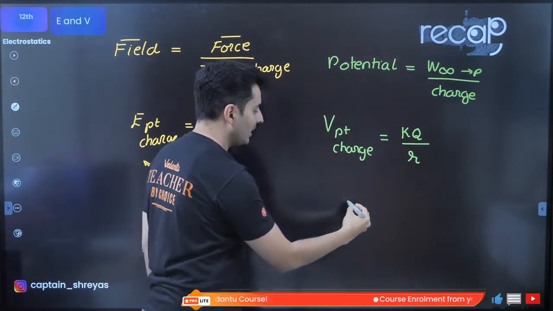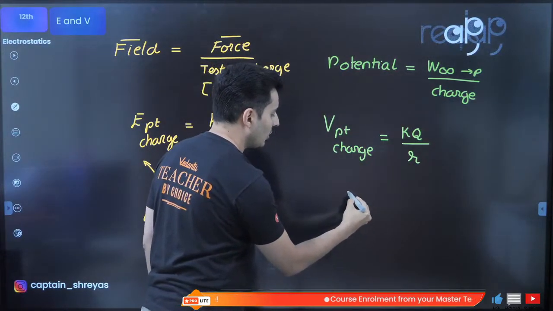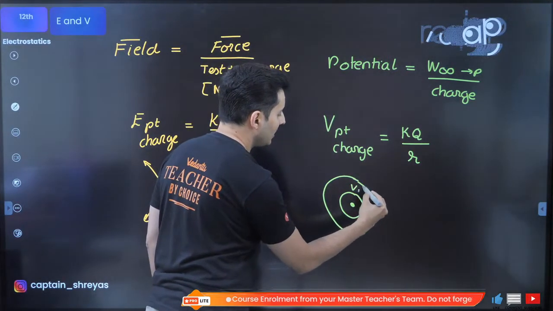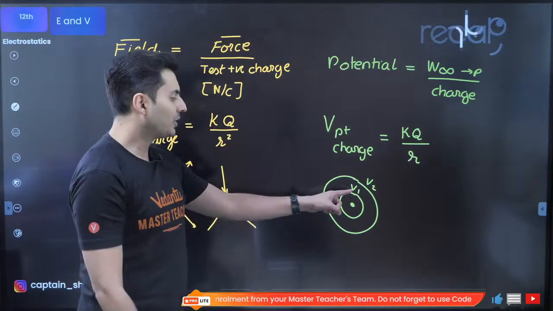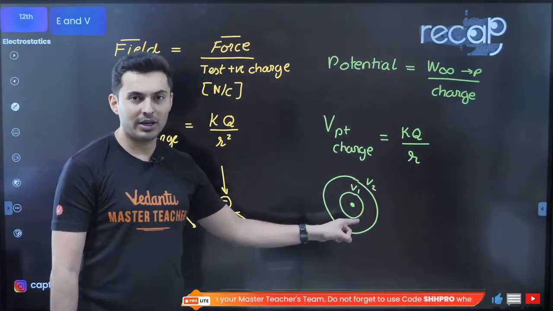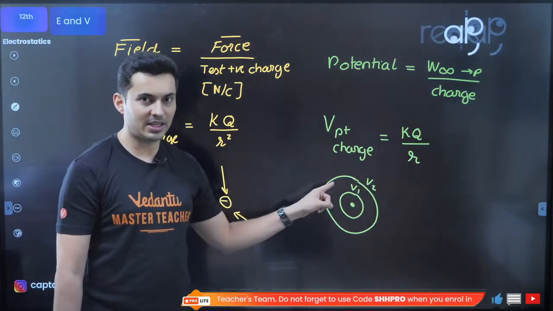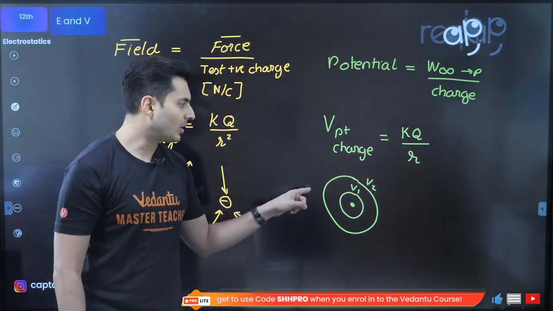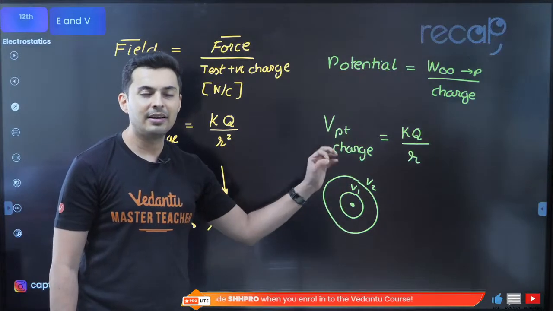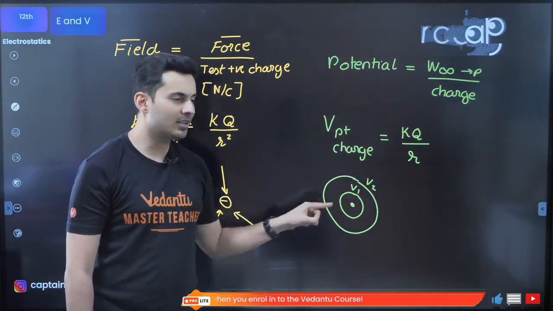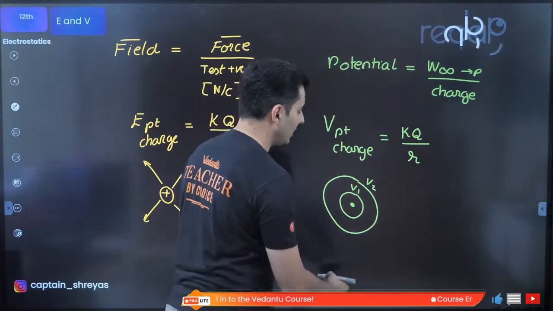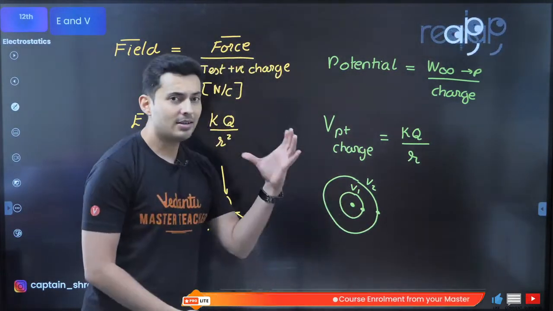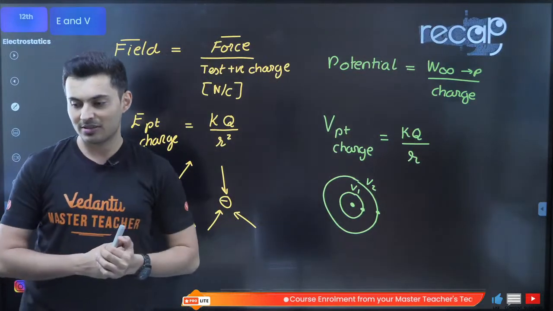And recollect, any charge which is there, it produces equipotential lines around it. These are equipotential lines V1, V2, etc. So it tells me that around this point there are potentials created which are similar. At all these points on this green line, the potentials are same. At all these points on the green circle, the potentials are same. But this point and this point, they have a potential difference between them. So these 2 points obviously will have some kind of a difference in the potential. I hope this is clear.